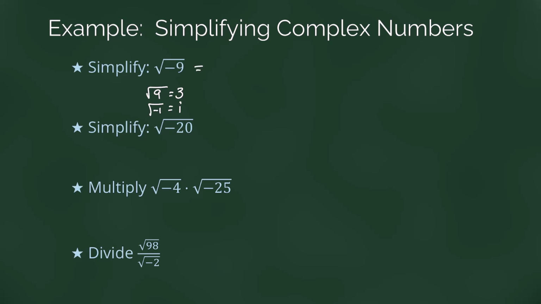So we can rewrite the square root of -9 as the square root of -1 times the square root of 9, and that gives us i times 3, which we'll write as 3i because that's traditionally how you write a complex number. And notice that that is the same as the complex number 0 plus 3i, where 0 is the real part and 3i is the imaginary part.